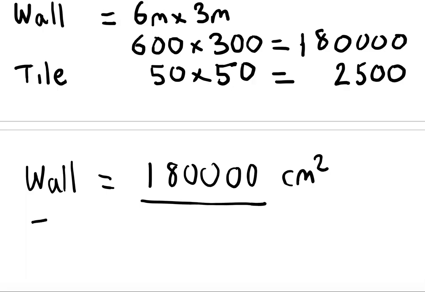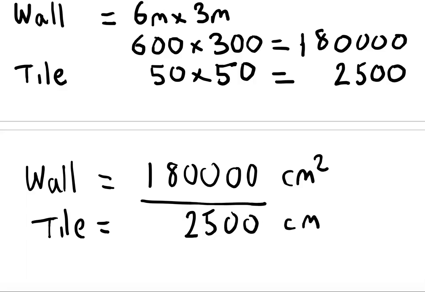The tile equals 2,500. So if we divide it, and what we can do when we're dividing, seeing how many tiles are on the wall, is get rid of the zeros. 2 off the bottom, 2 off the top.